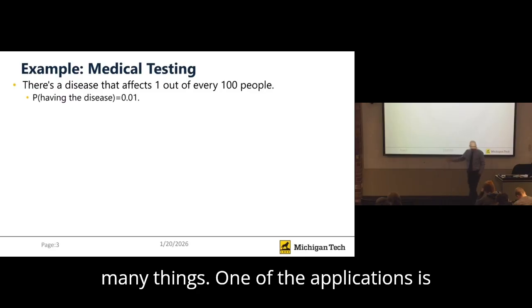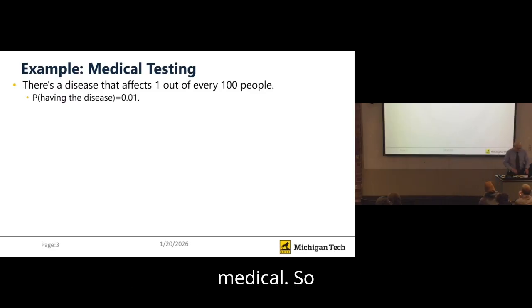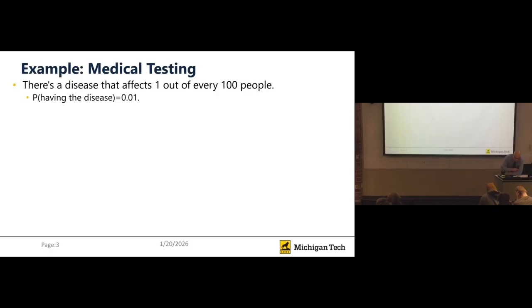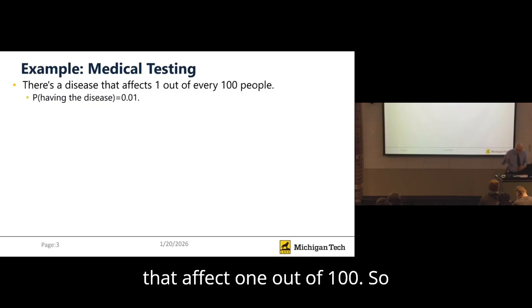One of the applications is medical. So we have a disease. I don't know what kind of disease you like, but corona can be a good one. So imagine there is a disease that affects 1 out of 100.